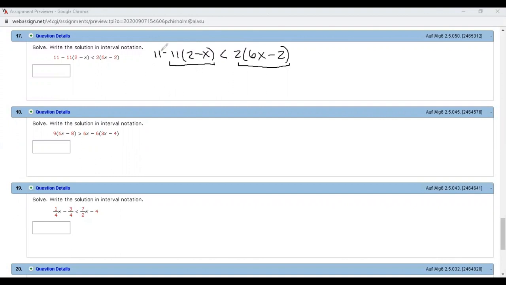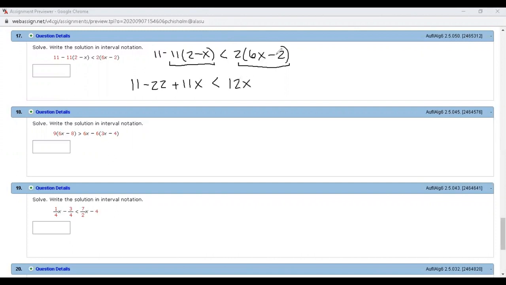So let's copy this 11 down because we're not working with that yet. So we have -11 times 2, which is -22. We have -11 times -x, which is positive 11x. Bring our inequality symbol down. We have 2 times 6x, which is 12x.